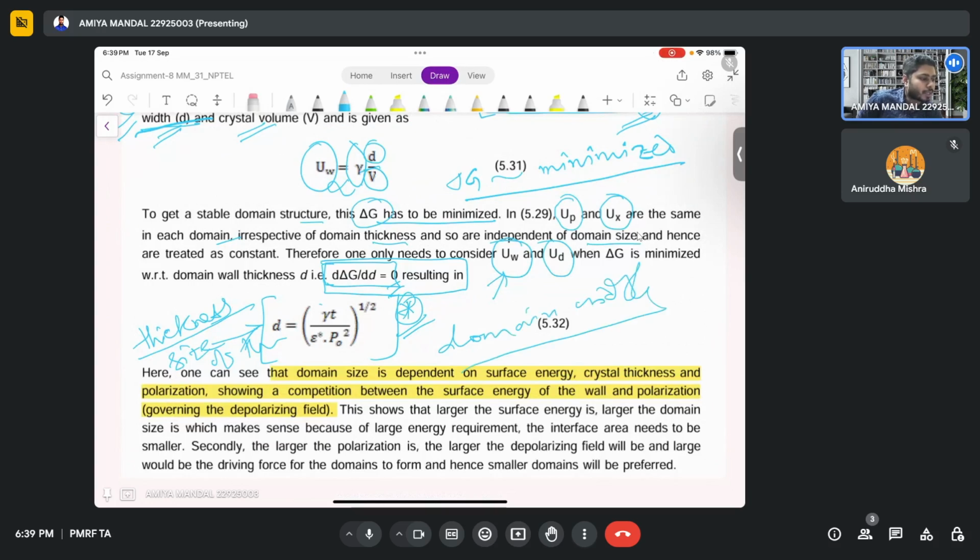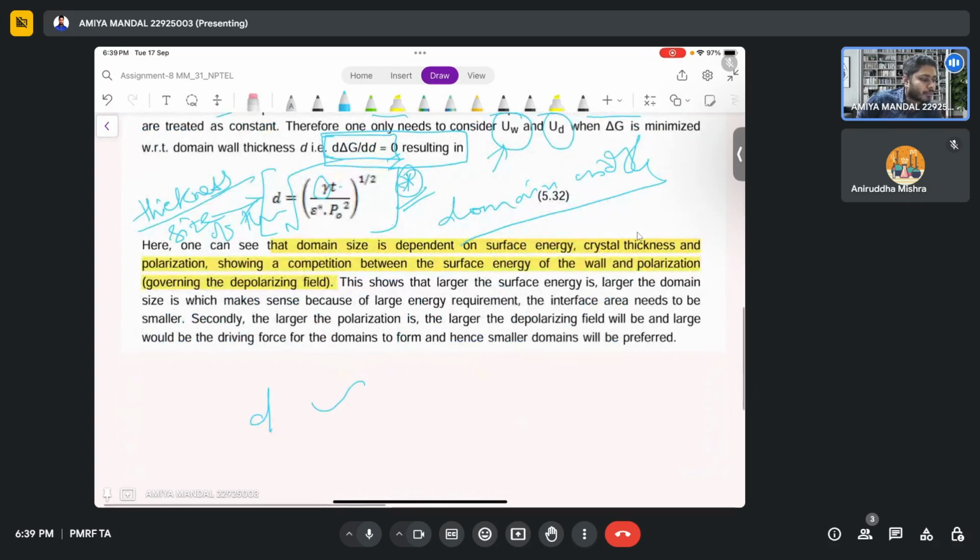Domain width is represented as root over of gamma t by epsilon star P naught square. So we can see that domain width is directly proportional to gamma, which is the domain wall energy. Domain width increases when the domain wall energy is increasing. Next, it is inversely proportional to P naught.